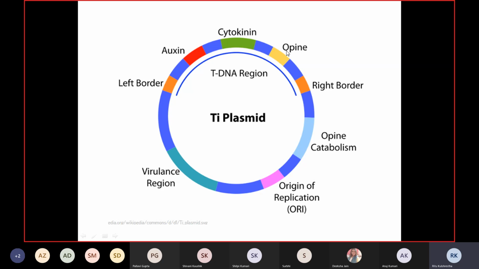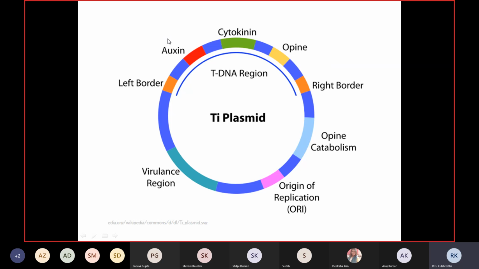Then opines. Opines are used by the bacteria to thrive in that region. So in a way this region is being sent by the bacteria to the plant cells so that it also induces opines. How does it ensure that a very huge amount of opine is produced, which the bacteria can utilize for its own growth?